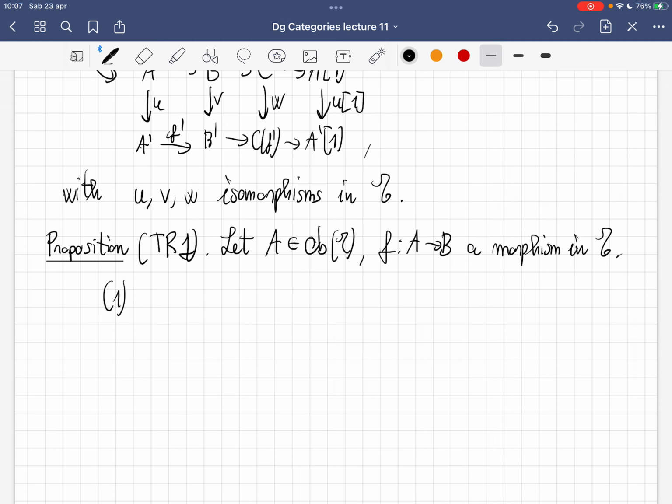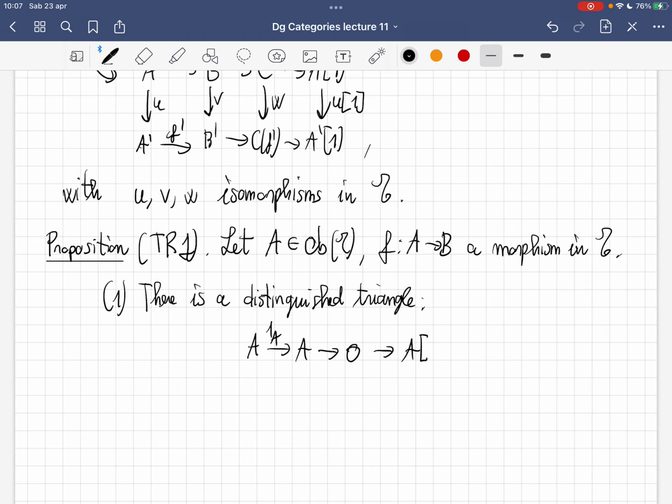So first, take the identity, and this is a distinguished triangle, just the identity and then 0.